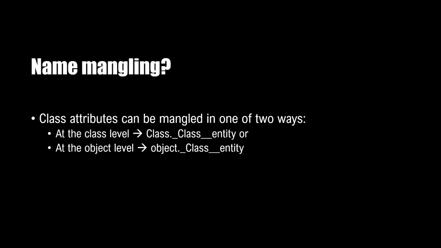Take a look at these two examples of name mangling. The first item in the first example, class, is just the name of the class that contains the entity that is private. Then the dot single underscore class double underscore entity name, that is the actual name mangling syntax. Now, since class attributes are accessible both at the class level and at the instance level, you can also access private class attributes through the object by typing object dot and then the name mangled string.